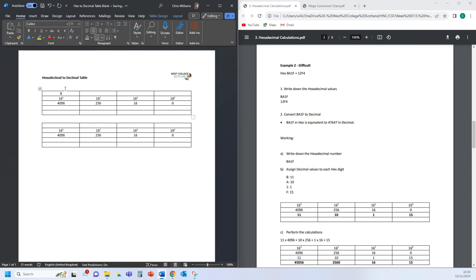So we've got B, A, 1F, and then the next one, so we're adding 12F4.